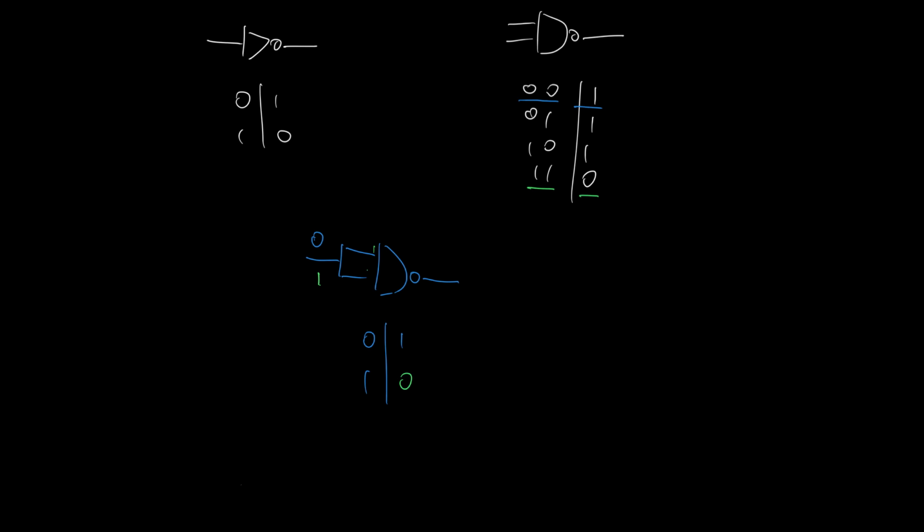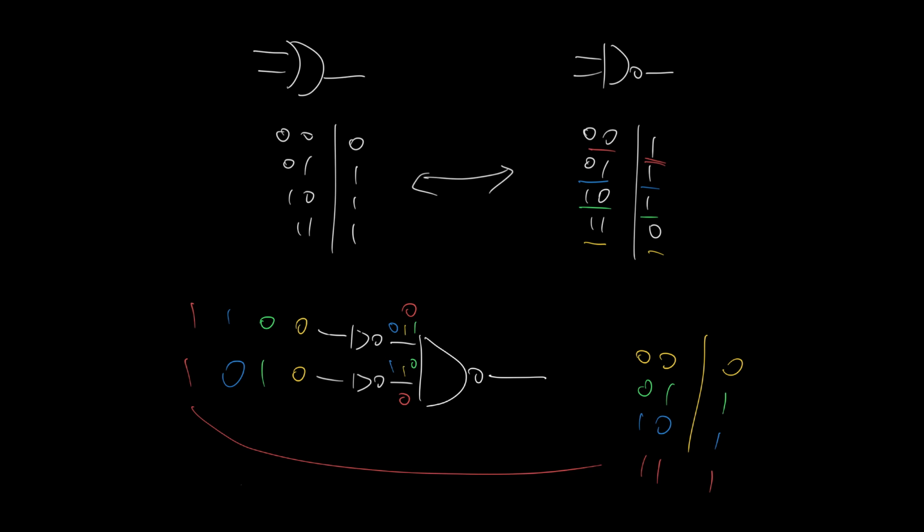And finally, if I have got a 1, 1 going in, then after the inverter I've got 0, 0 going into my NAND gate, 0, 0 going in gives me a 1 coming out. So 1, 1 going in gives me a 1 coming out. And indeed, this circuit here has got this truth table here, 0, 1, 1, 1, which is exactly the OR gate up here.